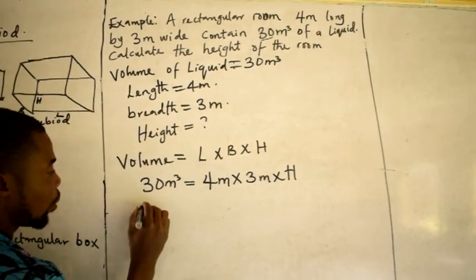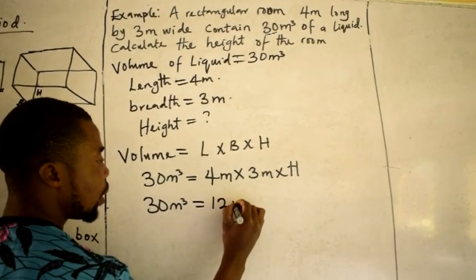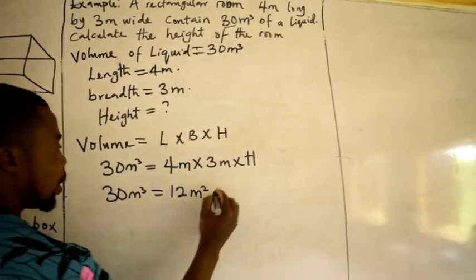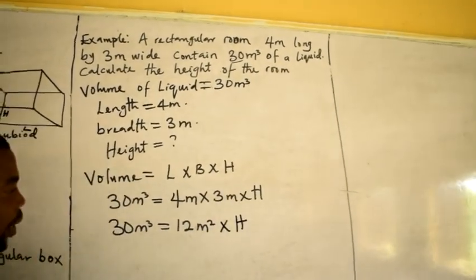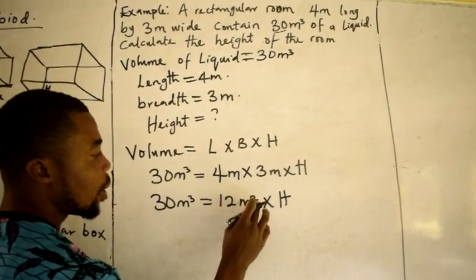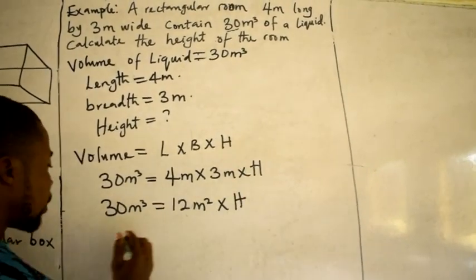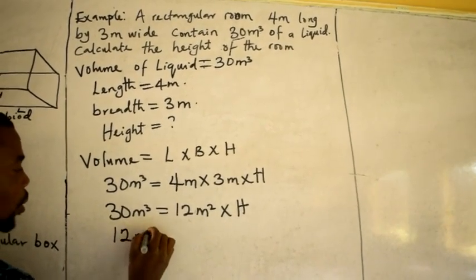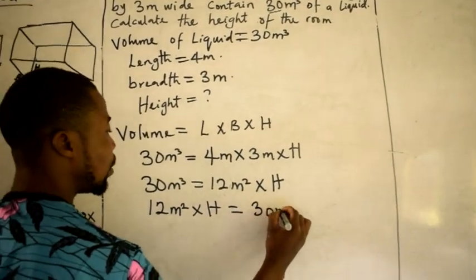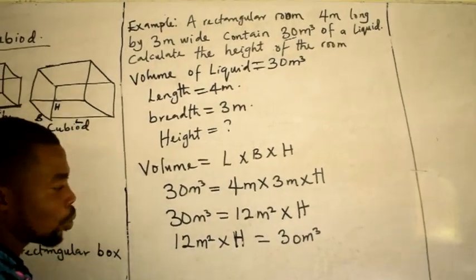Multiply these two together, we have 30 meter cubed is equal to 12 meter squared, since meter times meter gives meter squared, times h. In this case, you can interchange: 12 meter squared times h is equal to 30 meter cubed, which is still the same thing.